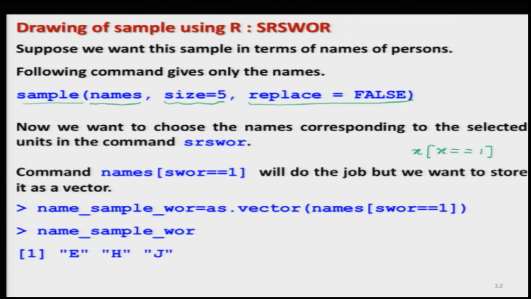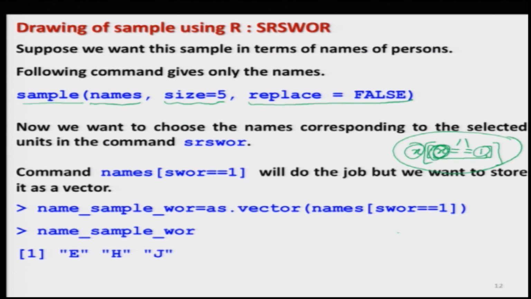I had explained that when I write x double equality sign equal to 1, this double equality sign is the logical equality sign, and we are trying to see in the data vector x what are the values which are equal to 1. This will give us an outcome in terms of TRUE and FALSE, and then once I use the command x with this bracket sign, this entire command is going to give us the values in the data vector x for which x is equal to 1.